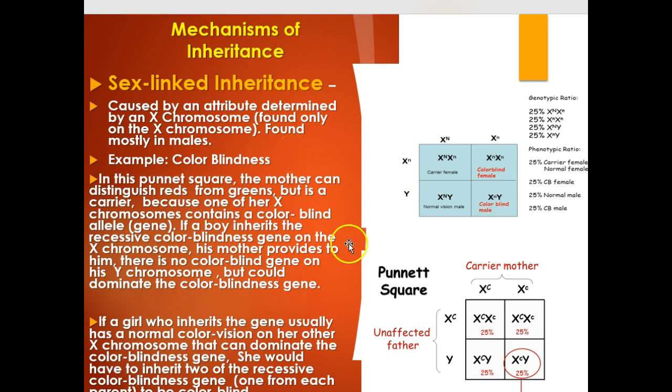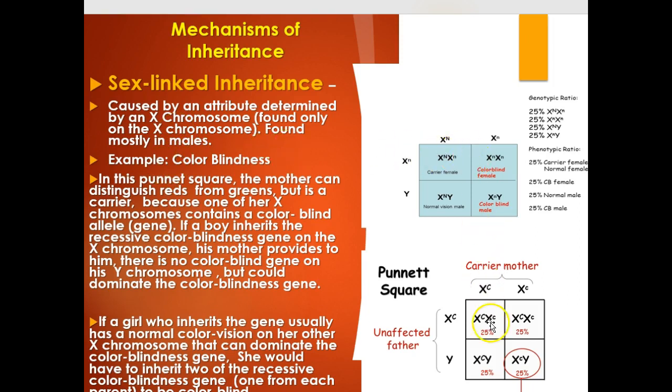Okay. Now, another mechanism of inheritance is a sex-linked characteristic, which is caused by an attribute determined by an X chromosome, which is found only on the X chromosome, found mostly in males. Example, colorblindness.